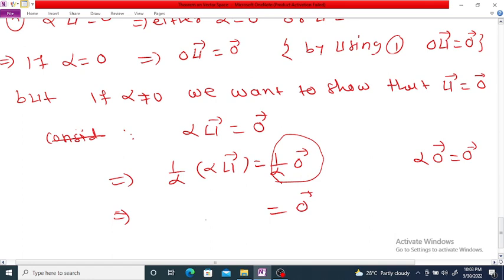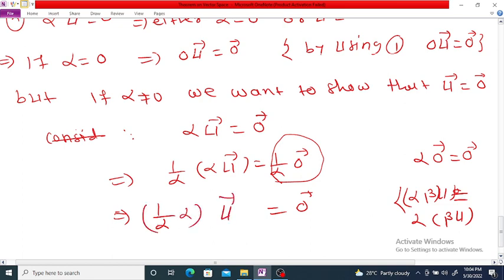And here on the right hand side is 0 bar, on the left hand side alpha beta u bar is equal to alpha times beta u bar. So by using this property we can write this as 1 upon alpha into alpha u bar, since alpha beta u bar is equal to alpha times beta u bar.